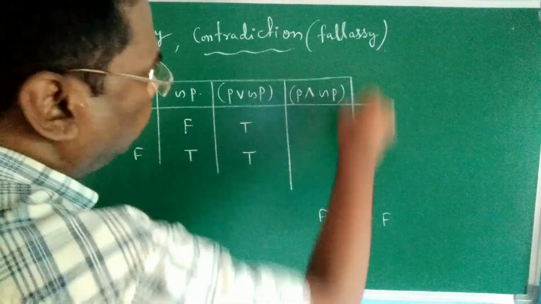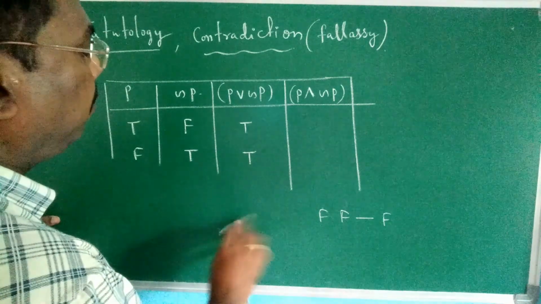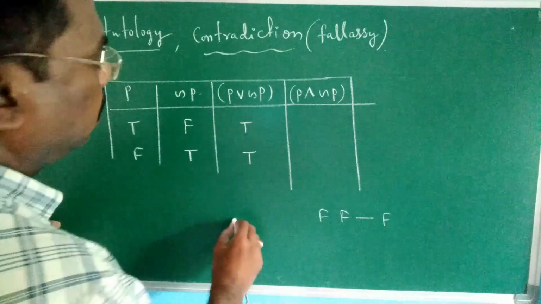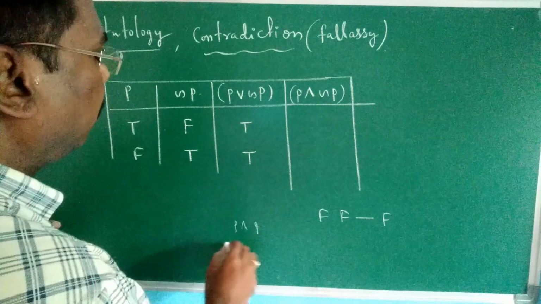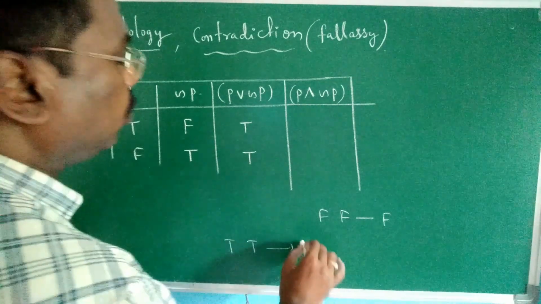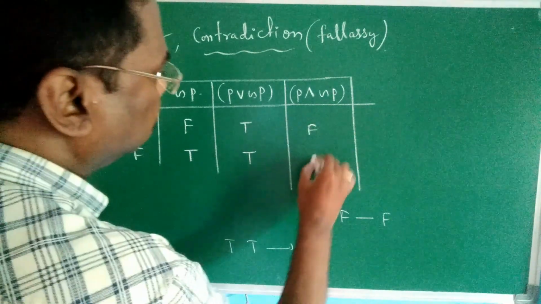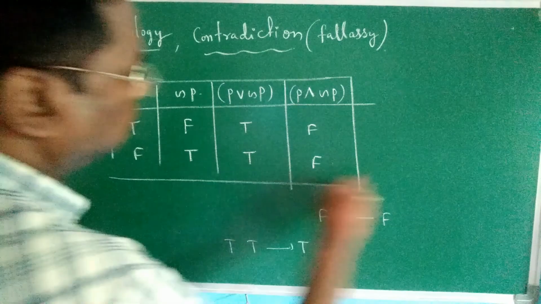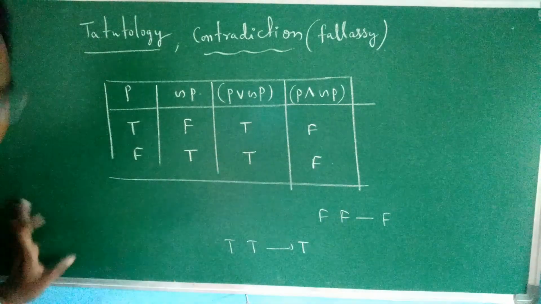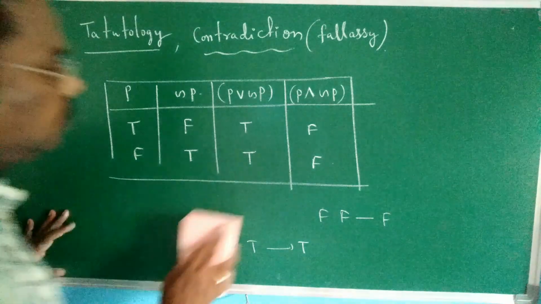Next, P and negation P. Now first connective. Now P and Q are two statements. Now P and Q both are true means now P and Q is true. Remaining all are false. And here also this one false, this one false. Now here P or negation P is called a tautology.